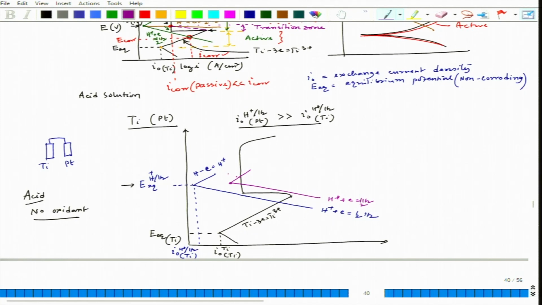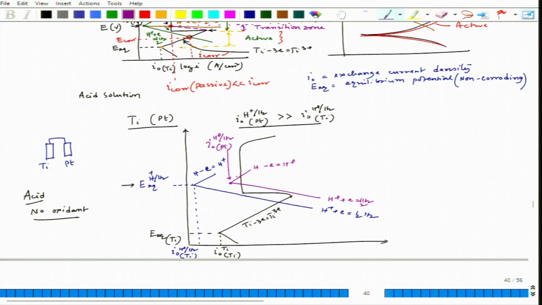This is basically I0 of the hydrogen evolution reaction on the platinum surface, fine, and this is H2 minus e equal to H+, which is basically the anodic part of the hydrogen reaction.